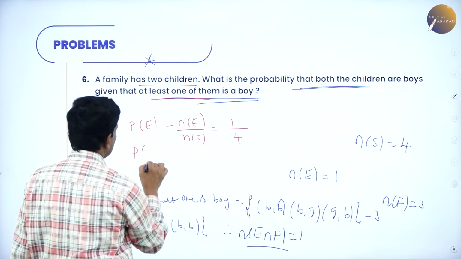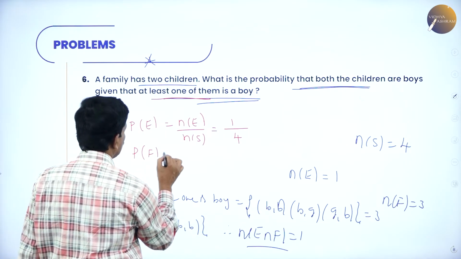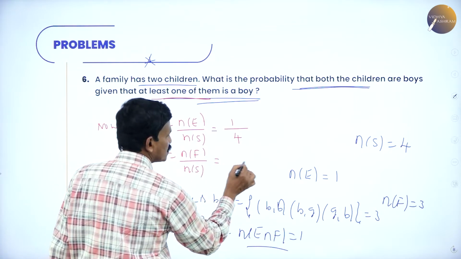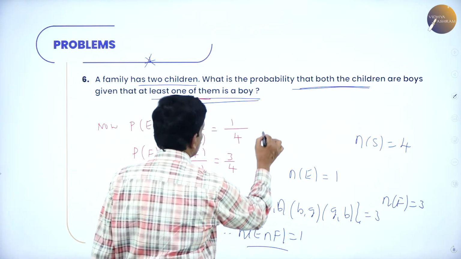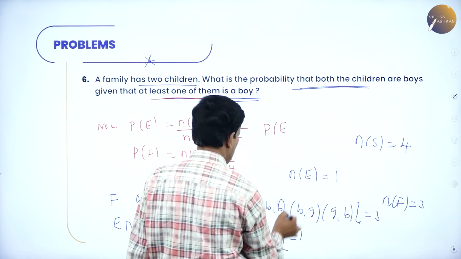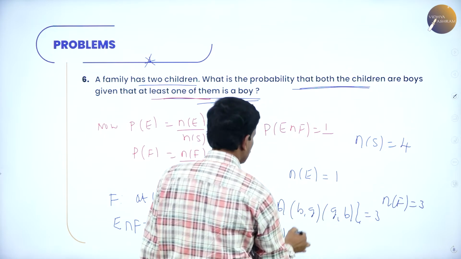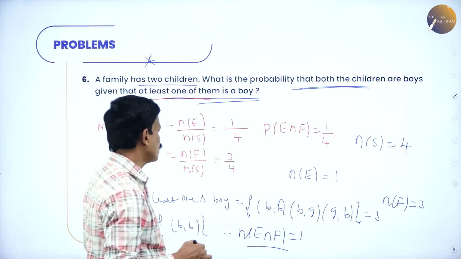Next, probability of F. Probability of F is equal to N of F divided by N of S, that is equal to 3 by 4. Now, the probability of E intersection F is equal to 1 divided by the total number of outcomes, N of S, is 1 by 4.